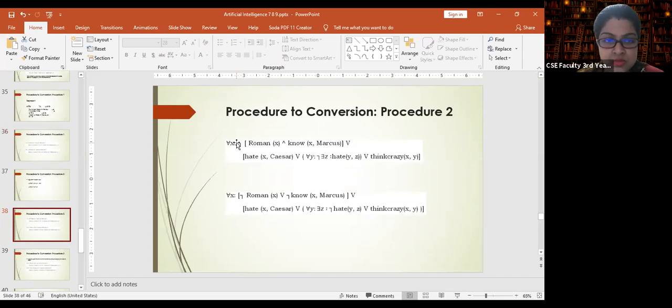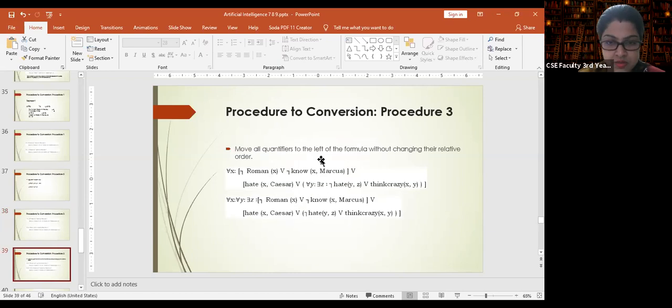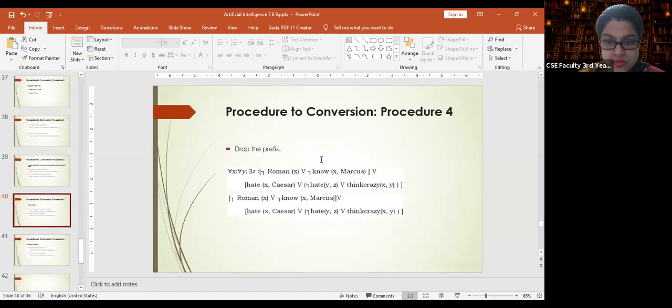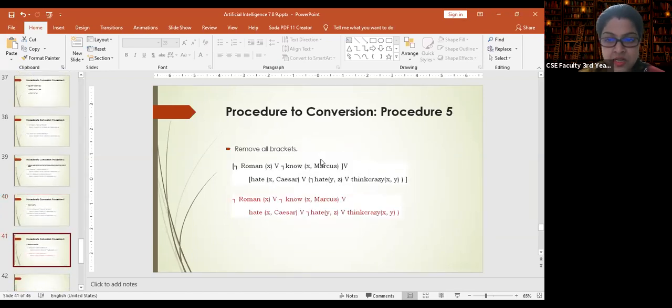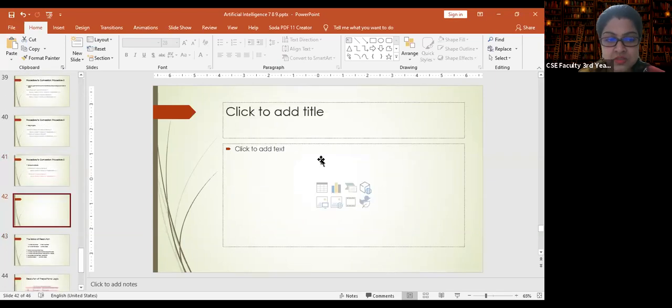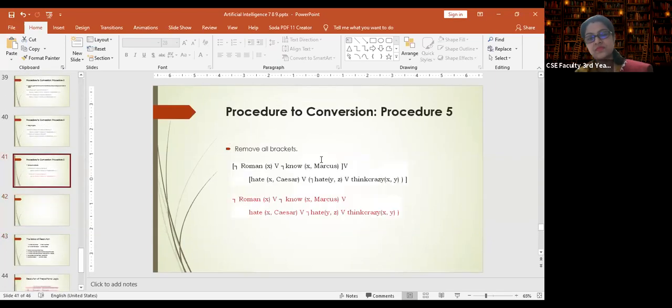There is no doubt in showing them, because if we do all the steps, there is less chance of mistakes. Keep all the predicates on the leftmost side, skip procedure 3, and remove all the brackets. At last we get the final clause.